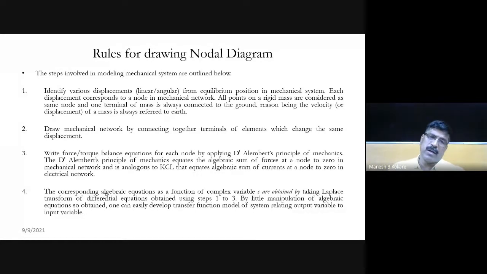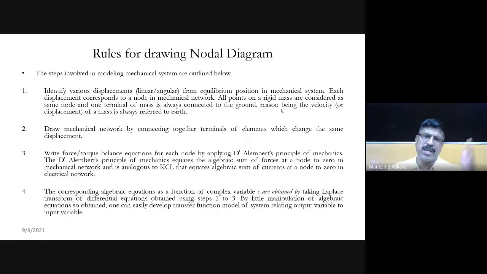Then after that, as I told you, there are three elements in the translational mechanical system: the mass element, the dashpot element, and the spring element. For every element there are two ends. One end of the mass is always connected to the ground and the other end of the mass is always connected to the nearest displacement point, whereas for the dashpot and spring, it depends upon the given situation.